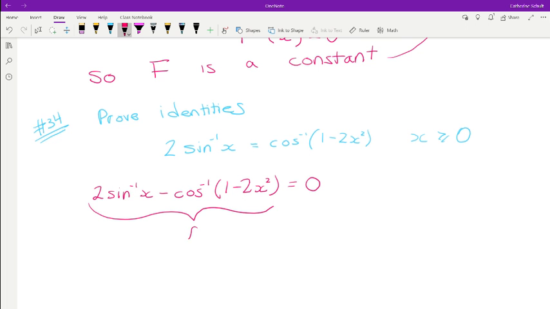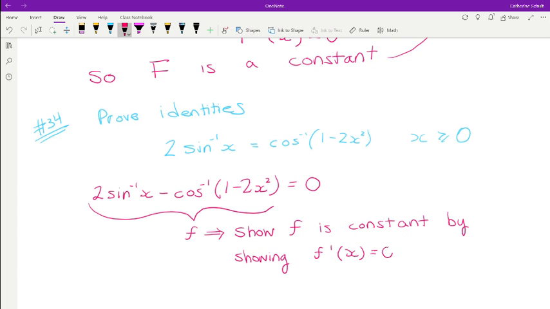We're going to call this function f, and we're going to show f is constant by showing the derivative is 0. Okay, so that's our tricky way of proving this difficult identity. Otherwise, this identity would be very difficult to prove. But we're going to show first that the statement on the left is constant by showing its derivative is 0.